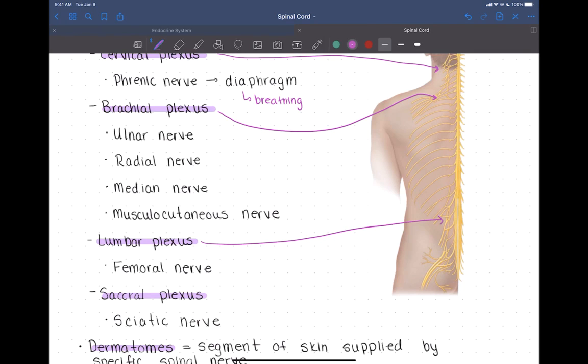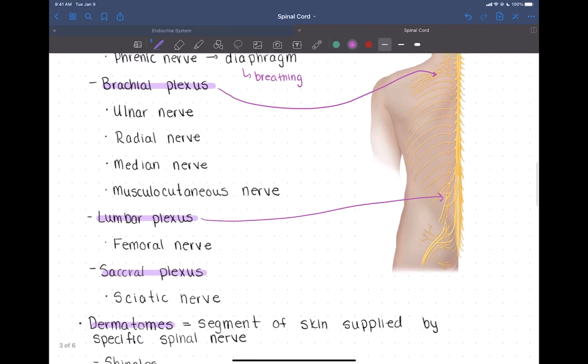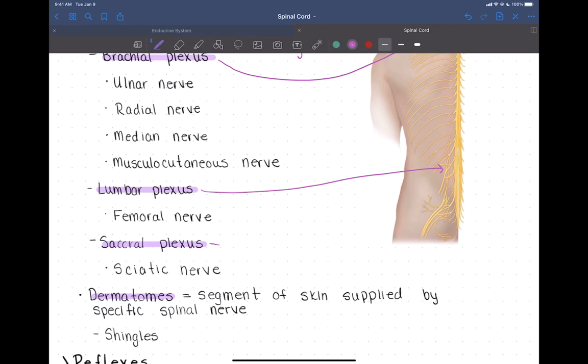Coming from that lumbar plexus, the really important nerve is the femoral nerve. The femoral nerve supplies a lot of the muscles to the front part of the thigh, those anterior thigh muscles, the quadriceps. And then our last plexus is our sacral plexus here.